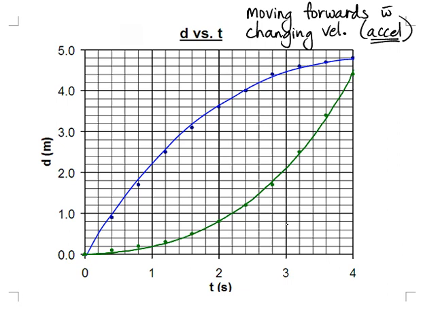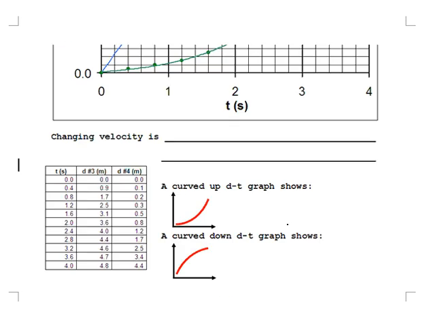So we'll get into some nitty-gritty down here below, filling in the blanks. So changing velocity, acceleration. Maybe I'll even put that in there. Is a curved line on a displacement time graph.